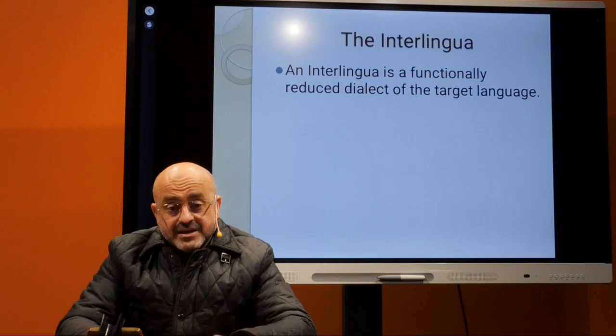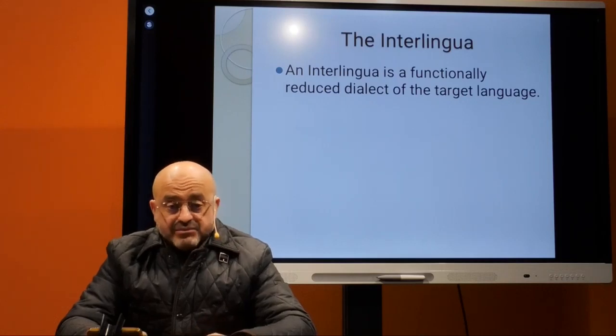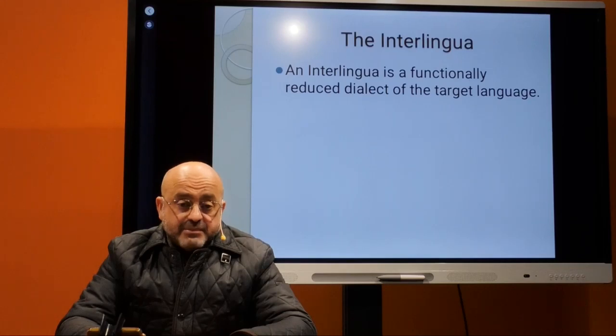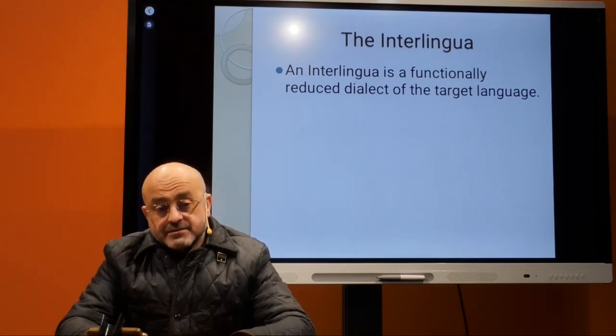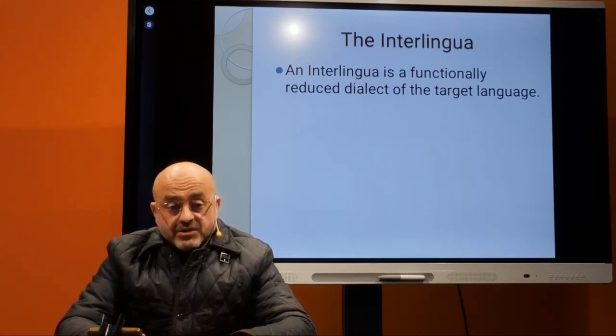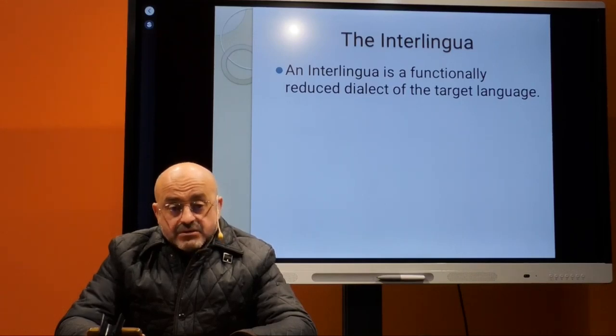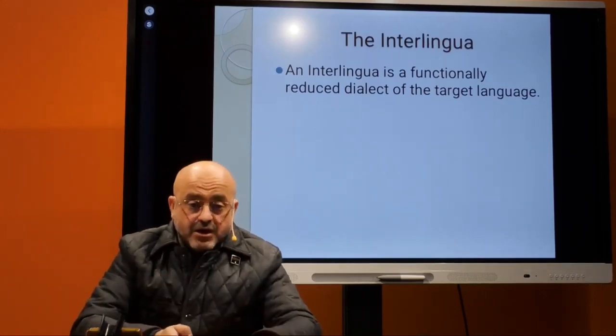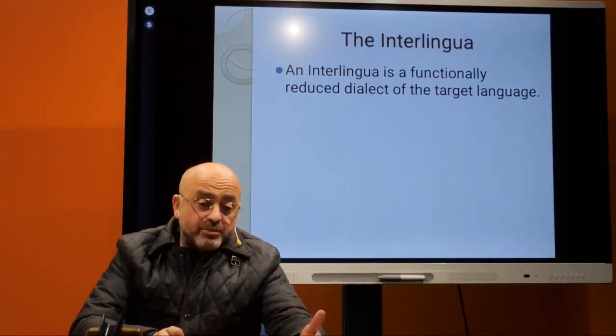And this specific dialect was named in different ways by different applied linguists, like some have called it approximative systems, others have called it idiosyncratic dialects. So it is a dialect in between, okay, before reaching full mastery of the second language, and it is a normal process.